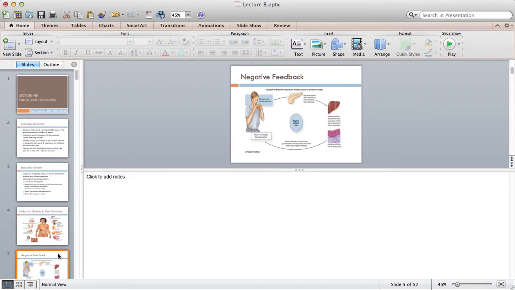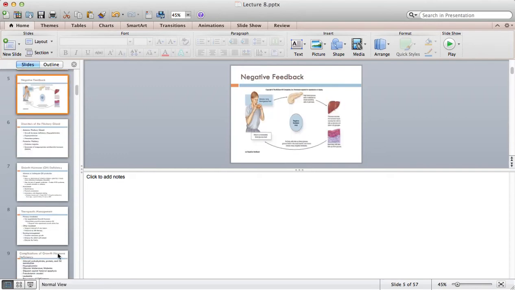But on the flip side, if the blood sugar is high in the bloodstream, the cells of the pancreas will secrete more insulin that will go into the bloodstream to take the excess glucose and transport it to the cells of the body to use for metabolism, thereby decreasing the level of glucose in the bloodstream.